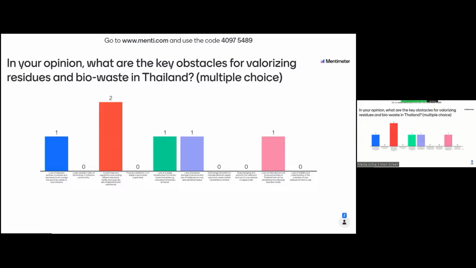The Menti codes are given on the screen above. We already have a few votes in here in terms of the current laws and regulation. Lack of business strategy, lack of international and local partnerships, current laws.